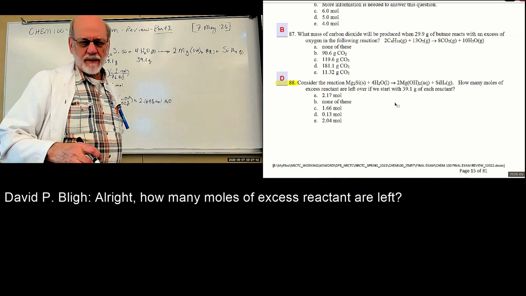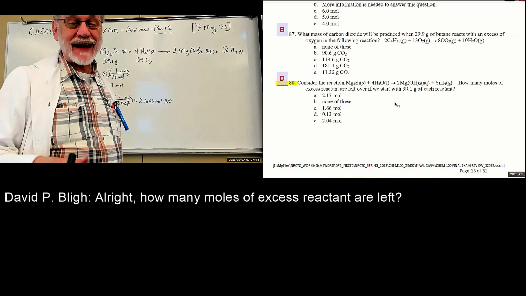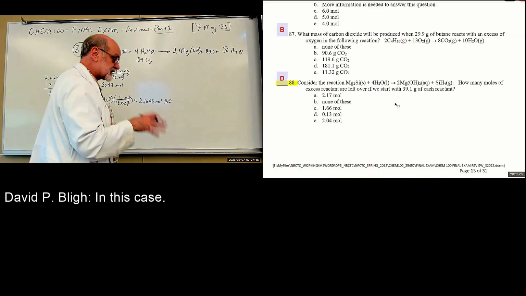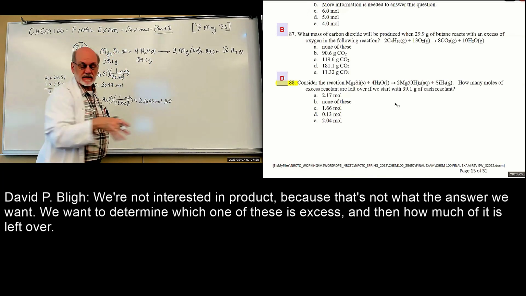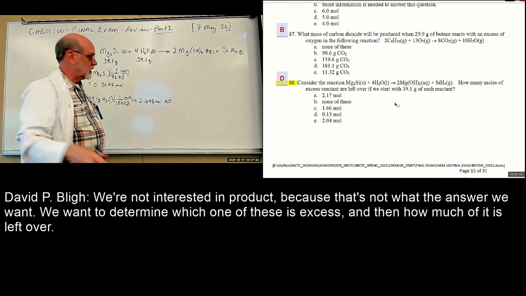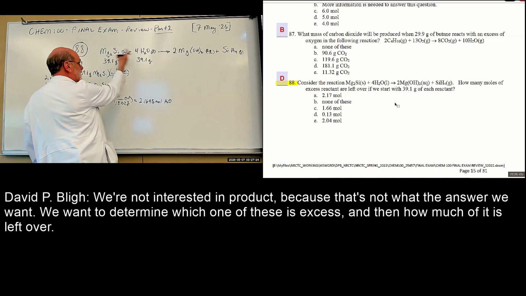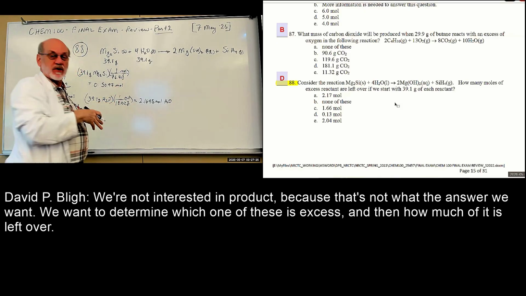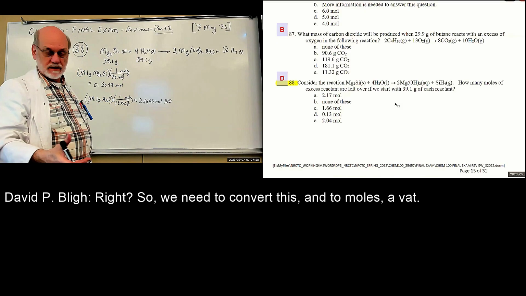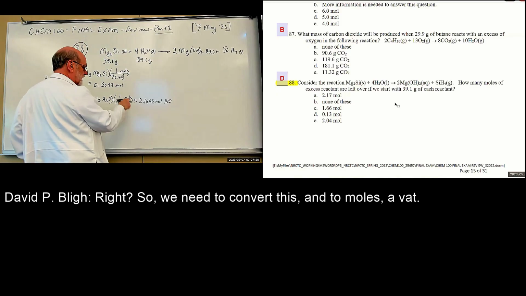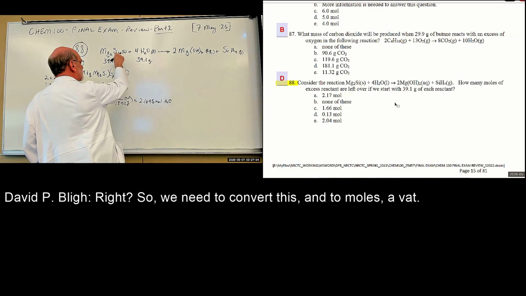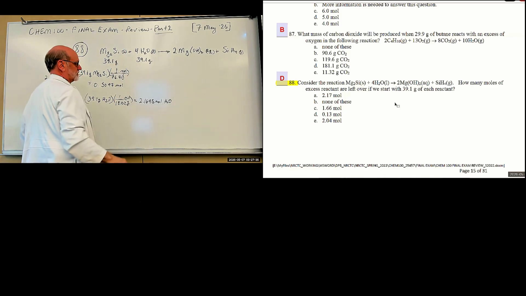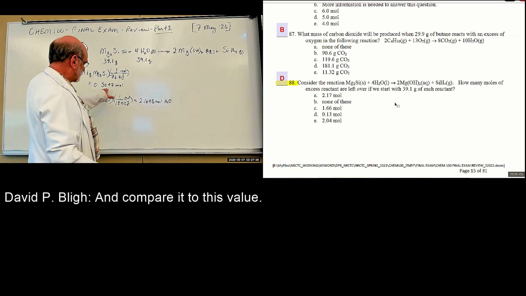All right. How many moles of excess reactant are left? In this case, we're not interested in product because that's not the answer we want. We want to determine which one of these is excess and then how much of it is left over. So we need to convert this into moles of that and compare it to this value.